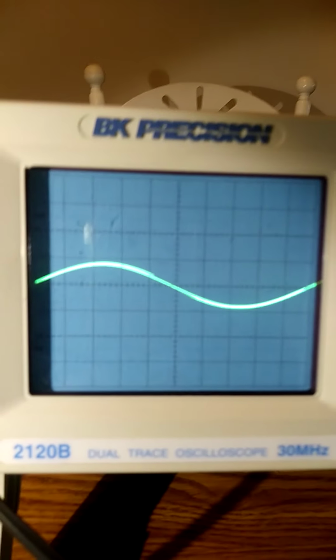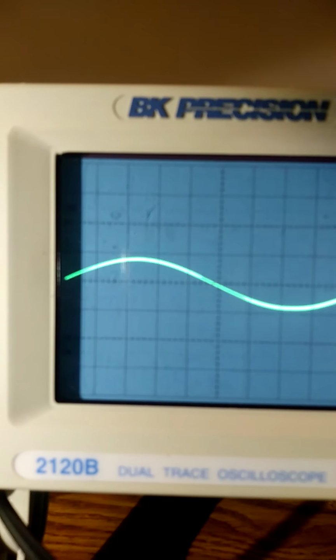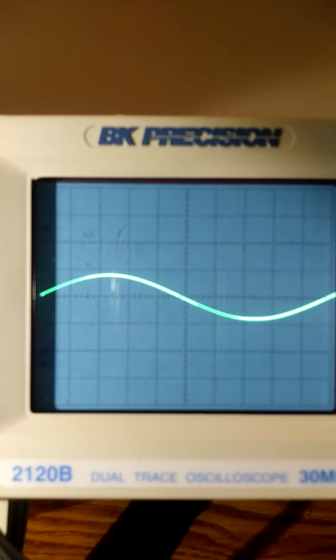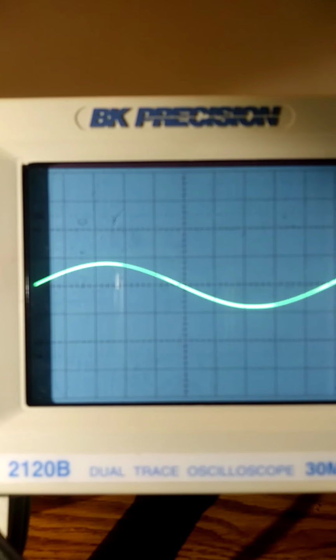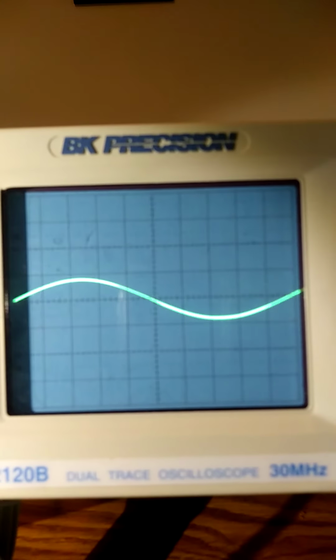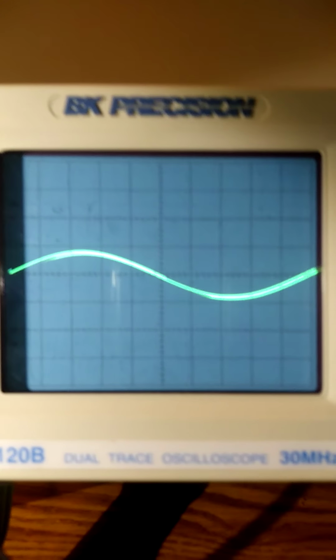All right, and this would be a point where you could stop the video and draw that waveform. All right, the time per division did not change, so we did not change that. That's still 1 millisecond per division. And so the period still did not change, so we still have 10 milliseconds for the period.